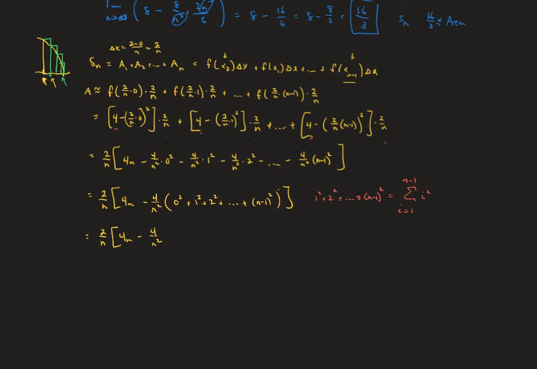So that's still going to be n times n minus 1 times 2n minus 1 all over 6, only instead of plugging in n's, we're going to plug in n minus 1's. This is going to get a little more complicated, but we can sort it out.